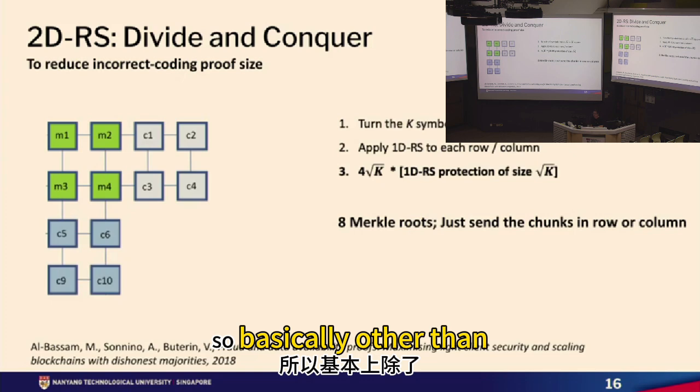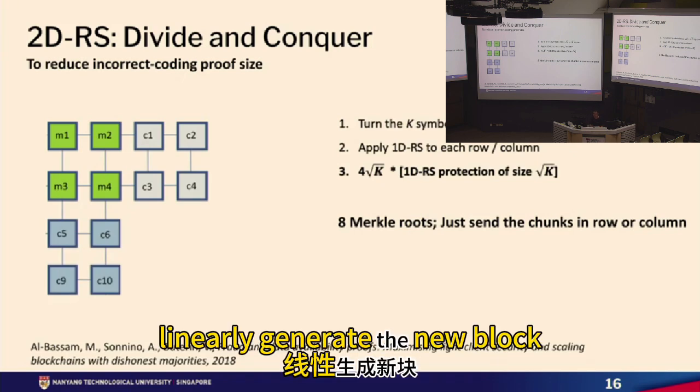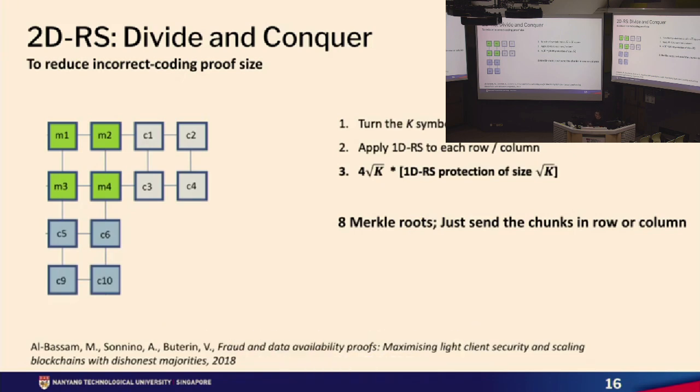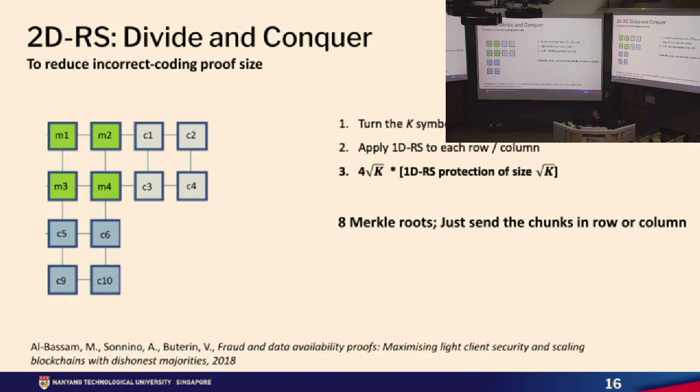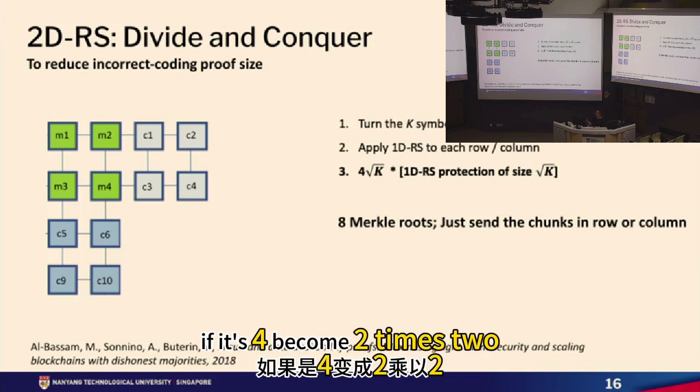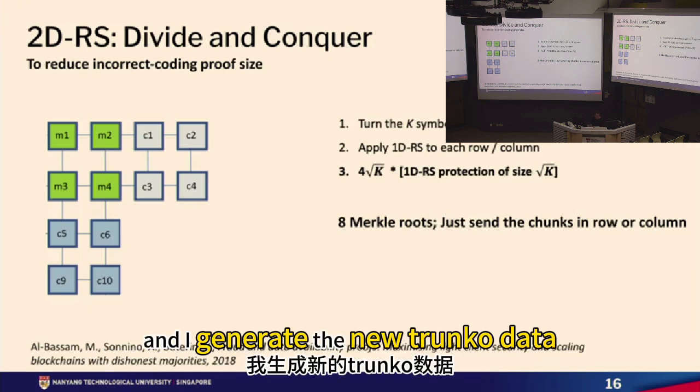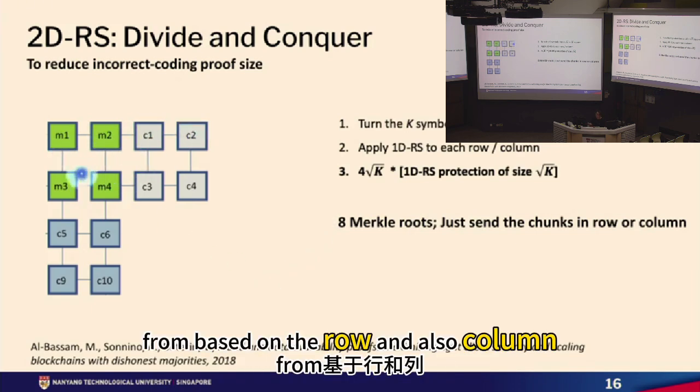So basically, rather than linearly generating a new block, I turn the chunks of data into a square. If it's 4, it becomes 2 times 2. And I generate the new chunks of data based on the rows and also the columns.